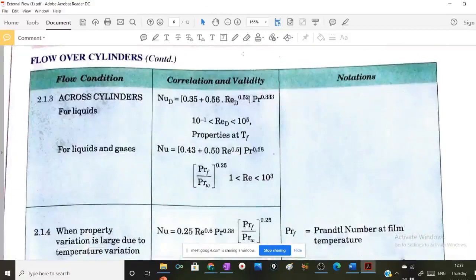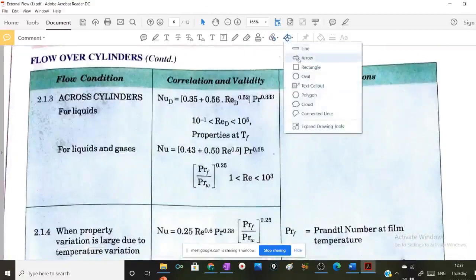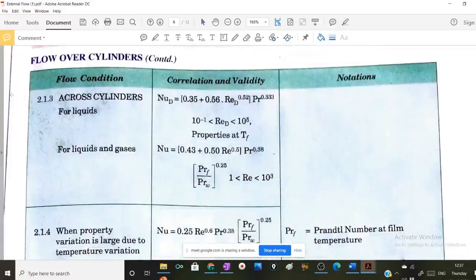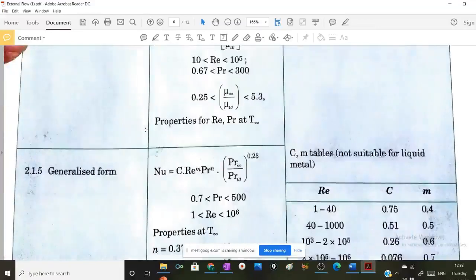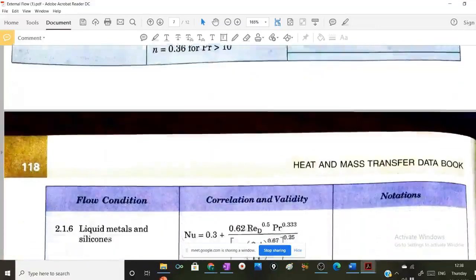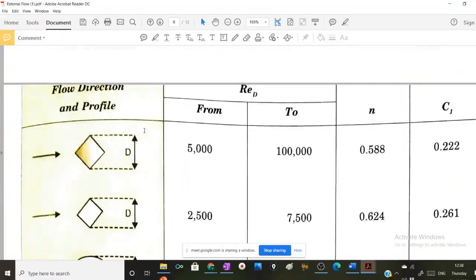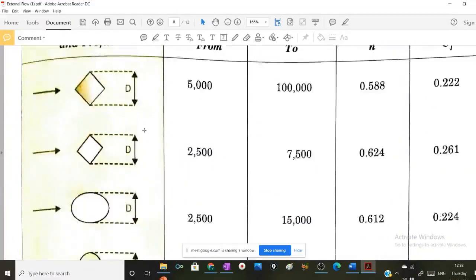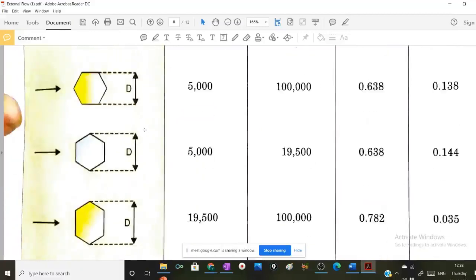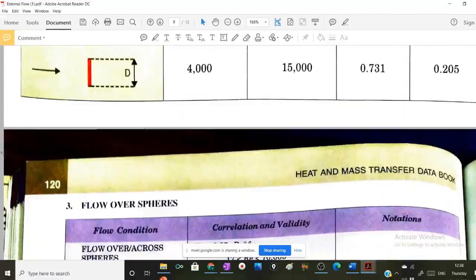Similarly, flow over a cylinder. Flow over a cylinder can also be considered as external flow, so different formulae are given. Do not bother about this table.